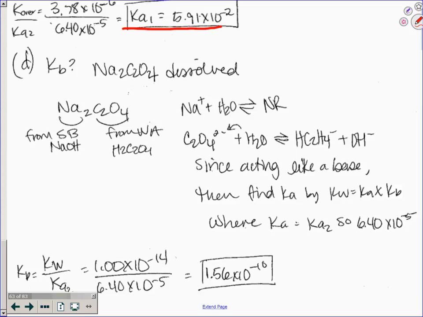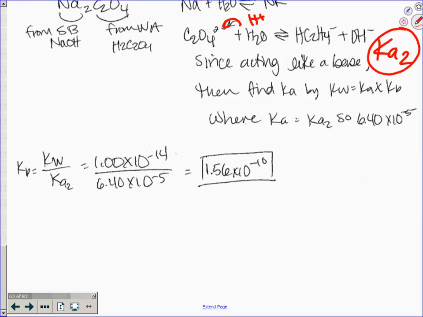So you back up to the last time you saw oxalate. You make it react with water. It has a single H plus donation. So this is referencing Ka2. So to backtrack to Kb, you do Kw divided by Ka2 and solve for just the Kb, basically how the ion is reacting as a base.